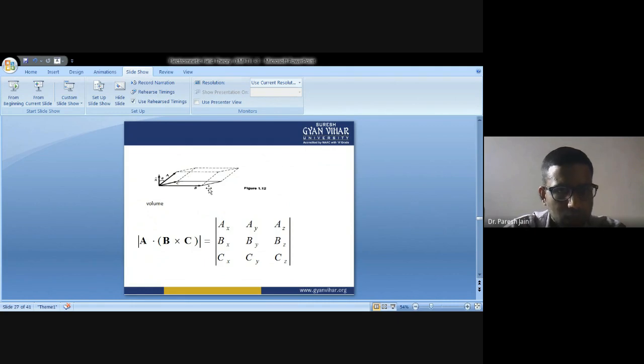Here we have the triple product concept and the volume with the three vectors A, B, C. We have already discussed that the triple product is the product of a vector quantity into a vector quantity. So A dot B cross C is written in determinant form like this, shown in the figure.